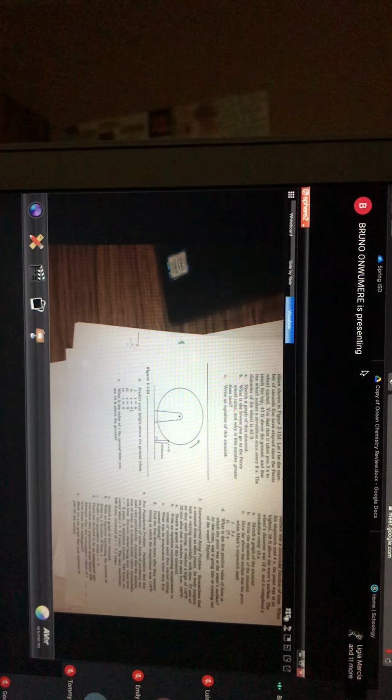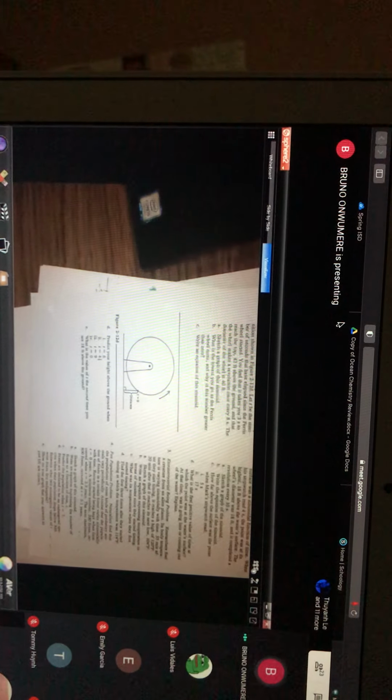People in class, do you see the calculator? We do not see the calculator. Okay, let me see what I can do to make sure you see that calculator. It's very important you see it.